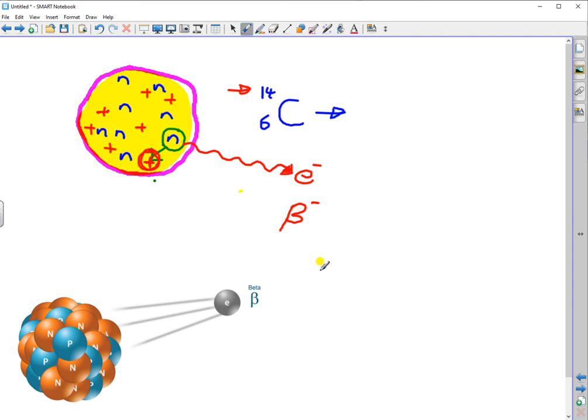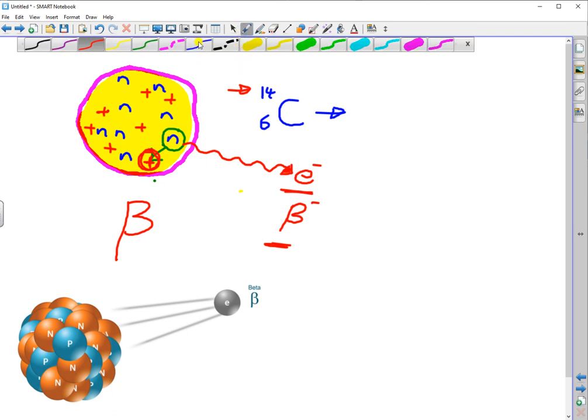The symbol for beta is the Greek letter beta. It's a B with a big tail. So a beta particle is the same as an electron, as you can see. A beta particle is just a high energy electron which has been ejected from the nucleus of an atom. All right. Now let's think about what's happened to the nucleus, and this is very important.